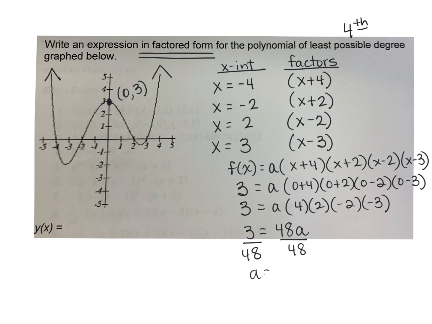So a is going to be equal to 1 over 16. So this has to go into this equation to get to my final answer. So my final answer typed in online would be that a value of 1 over 16, and then I have x plus 4 times x plus 2 times x minus 2 times x minus 3.